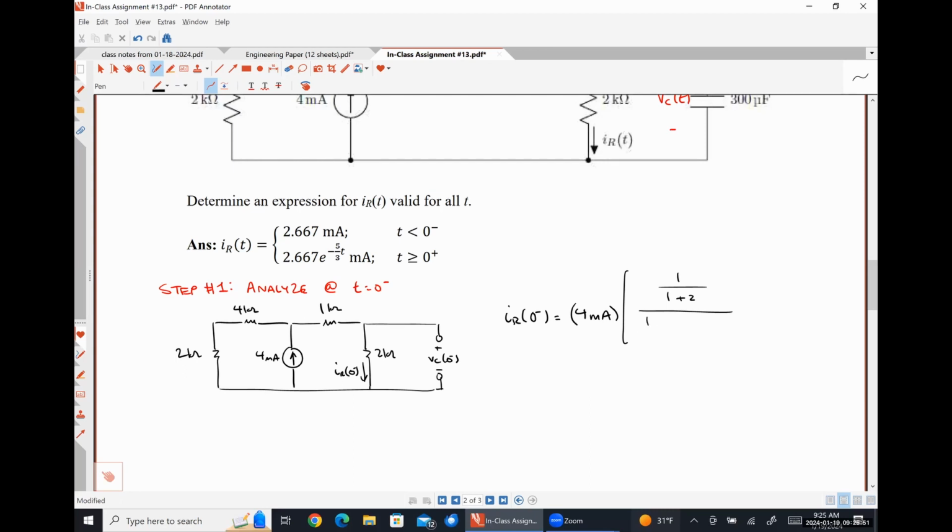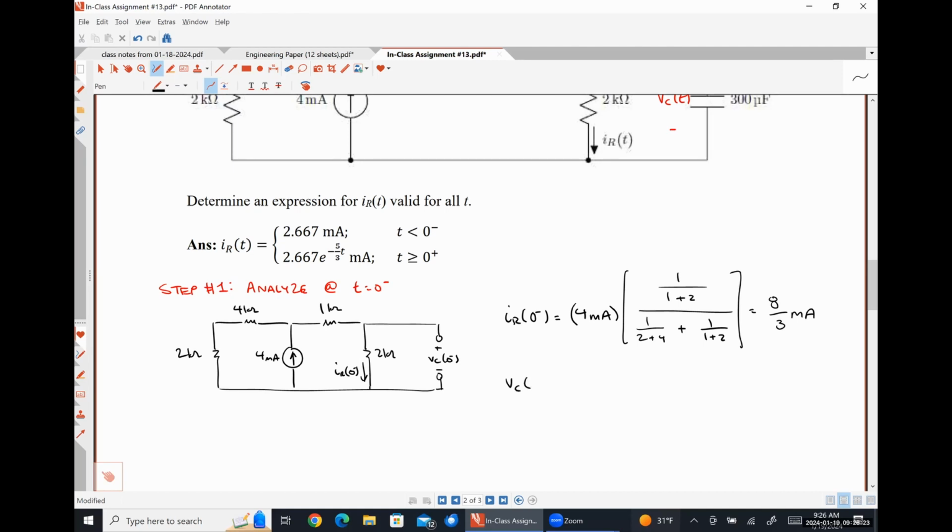And then in the denominator, we're going to have 1 over 2 plus 4 plus 1 over 1 plus 2. So I think it's going to be 2/3 of 4. So that'll be 8/3 of a milliamp, which is 2.667.